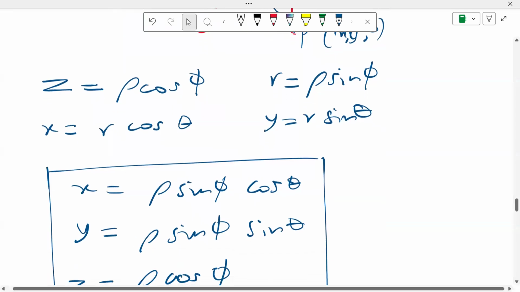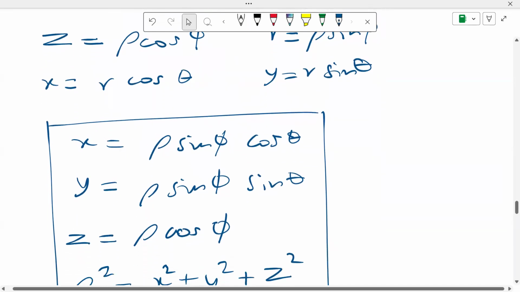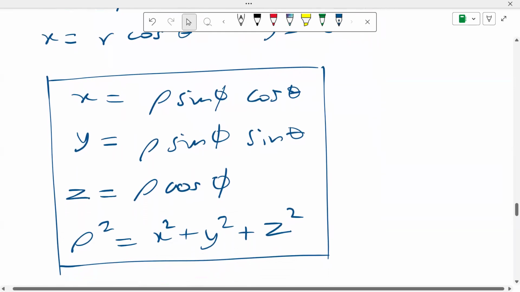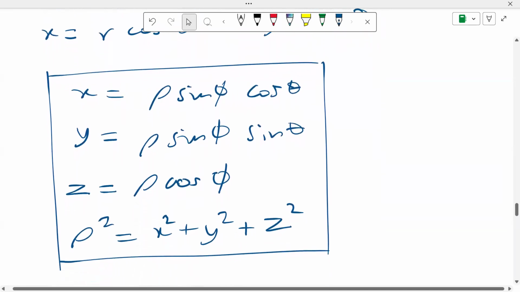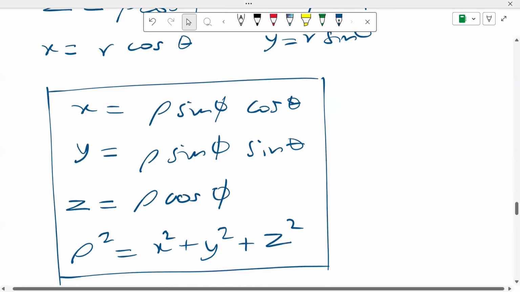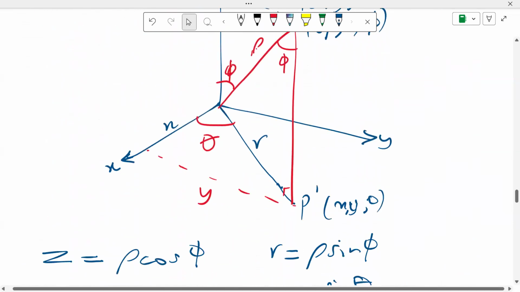Now, from x equals r cos theta, we can replace the r with rho sine phi. When we do that, we get our x giving us this, and then our y giving us the whole of that, with our z giving us rho cos phi. All right, good. Now, our rho will also give us x squared plus y squared plus z squared from the diagram as well. So take note of this for the spherical coordinates.